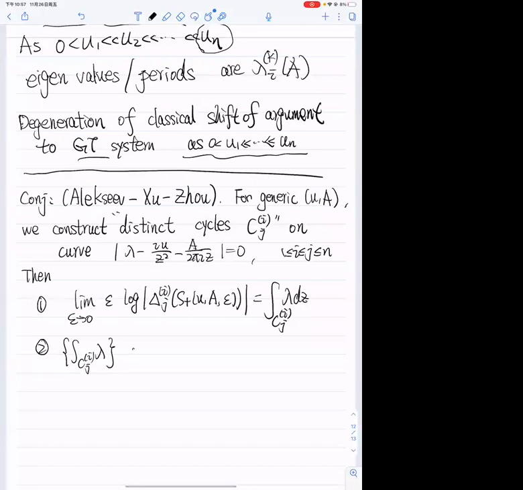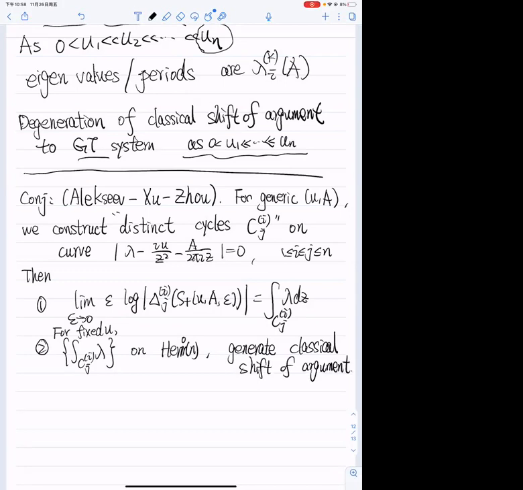These are functions, for fixed U, on an open dense subset of the space of A, and they generate the classical shift of argument subalgebras. Also, we expect they satisfy the Gelfand-Tsetlin type inequalities and so on.